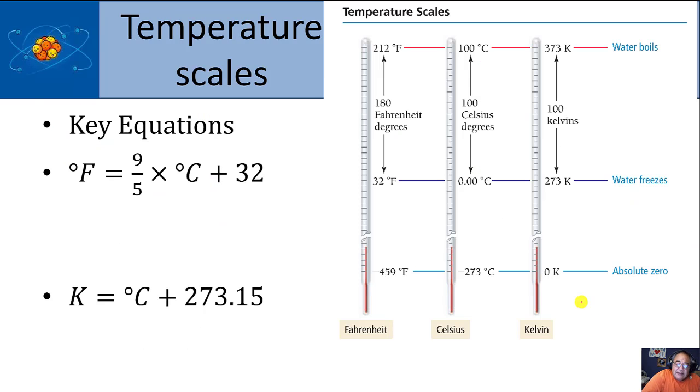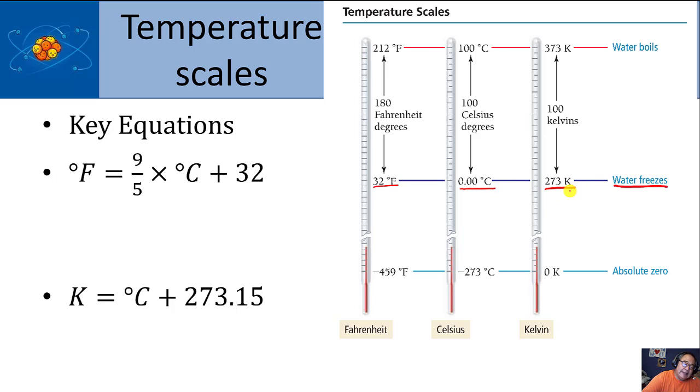Now a little bit more about the temperature scale. I just wanted to show you sort of this graphic illustration. So water freezes at, that's what this says, right, 32 degrees Fahrenheit, or 0 degrees Celsius, or 273 degrees Kelvin.